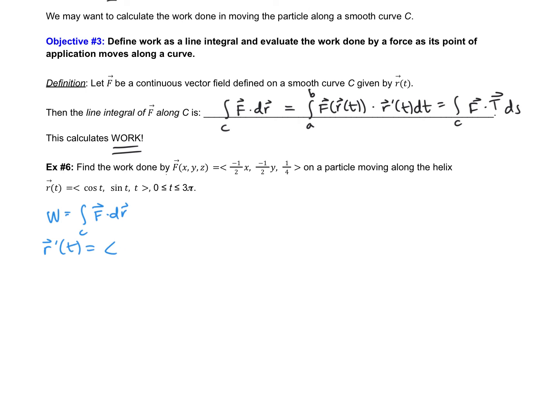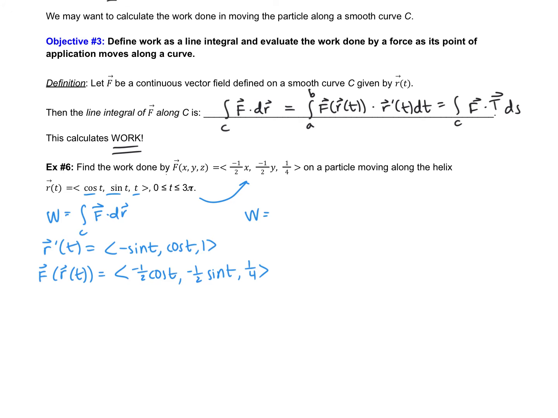R prime of t is going to be negative sine of t, cosine of t, 1. We are also going to need f of r of t. So what we're doing is we're taking these equations for x, y, and z and substituting them in. And so when we do that, we get negative 1/2 cosine t, negative 1/2 sine of t, and 1/4.